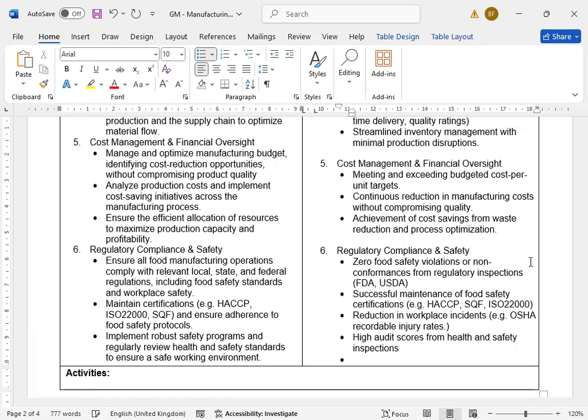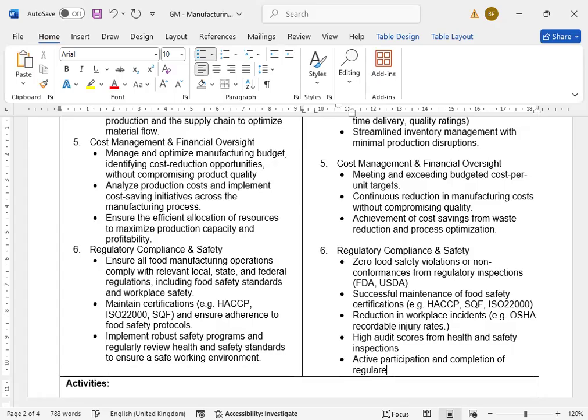Then another one would be active participation and completion of regular employee safety training programs.